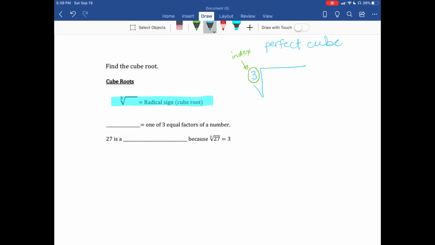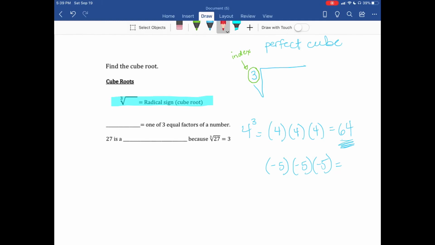Perfect cubes are when you have a number multiplied by itself 3 times. So here's an example. 4 times 4 times 4 is 64. So by definition, 64 is a perfect cube because 64 is 4 multiplied to itself 3 times. If I have negative 5 times negative 5 times negative 5, what does that give me?